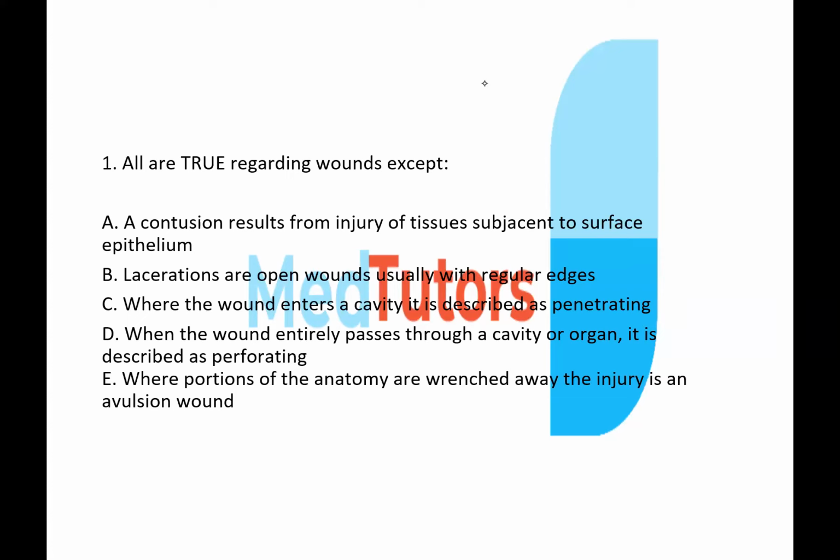The effect is not only penetration or perforation, it has what is called cavitatory effects. Okay, now let's proceed. So B is false, C is correct, D is also correct. When it enters and exits a cavity, it is perforation.